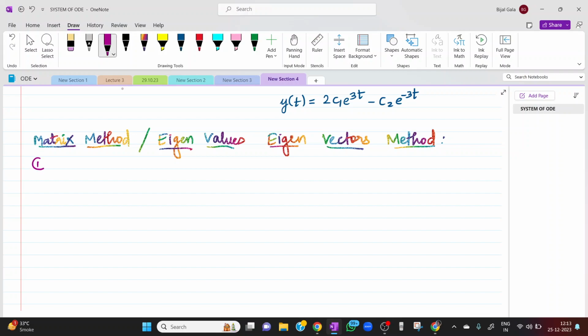Rule number one, or case number one: the two eigenvalues, lambda 1 and lambda 2, are real and distinct.